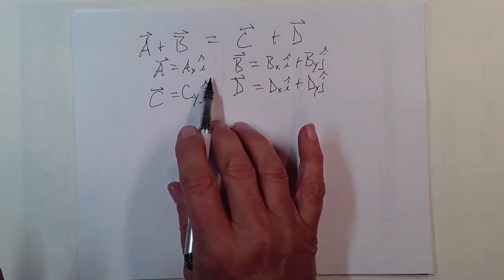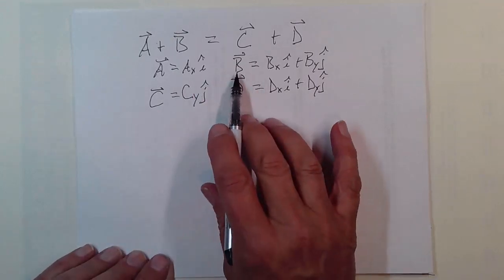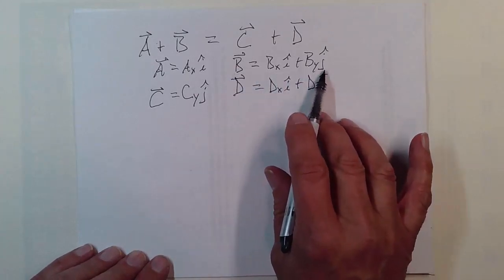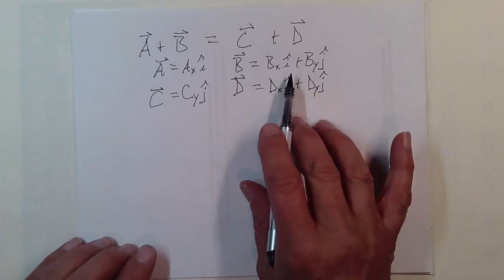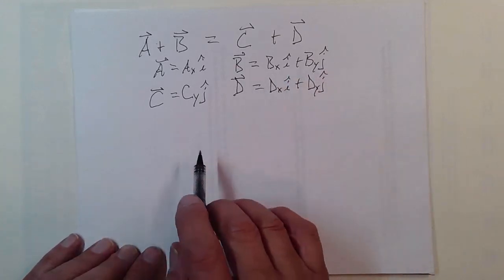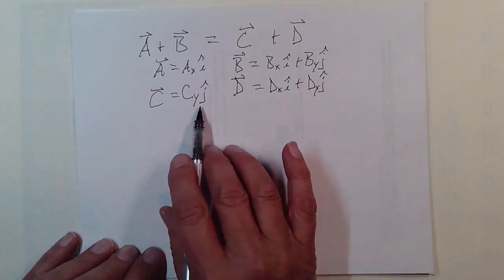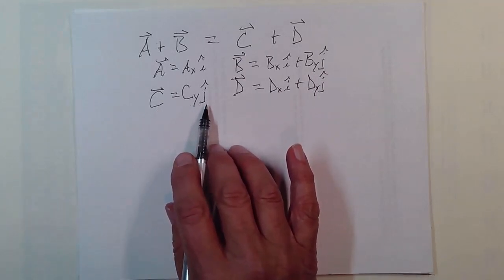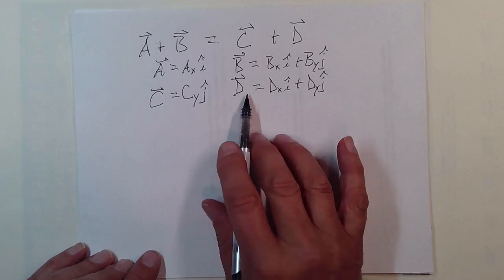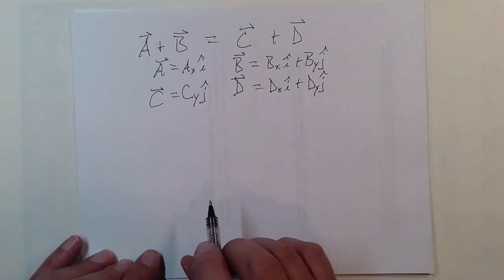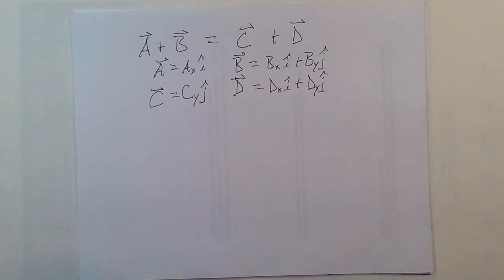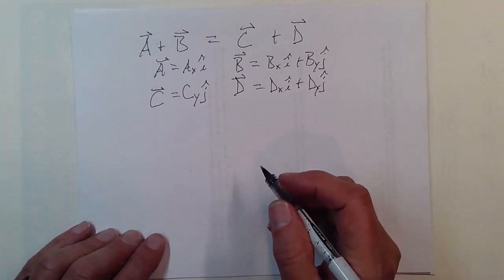It doesn't have a j hat component. B is equal to B sub x along i hat plus B sub y along j hat. It has both an i and a j hat component. C is equal to C sub y along j hat. It has no x component. And then D has D sub x along i hat and D sub y along j hat. Okay, I could have all sorts of mixes of things going on here.